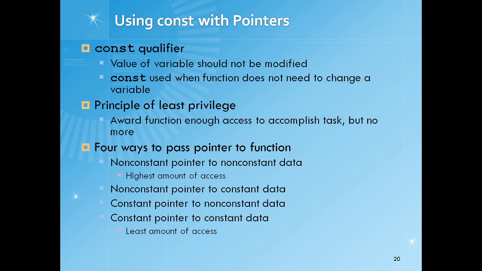Sometimes we will use the qualifier, the keyword, because a pointer is too flexible, sometimes too dangerous to use. So in order to prevent this mistake, sometimes we will give a constraint to the pointer if it is read only.